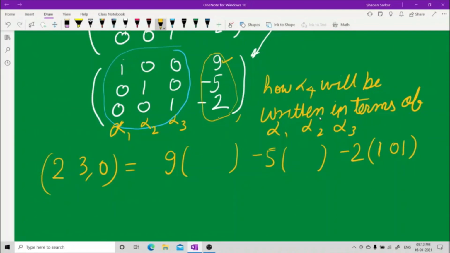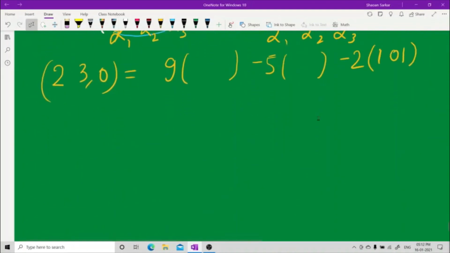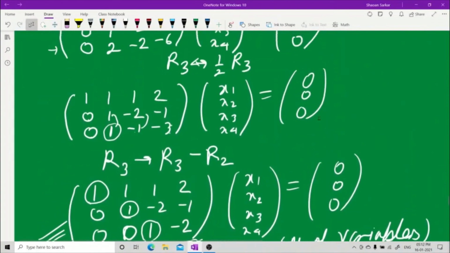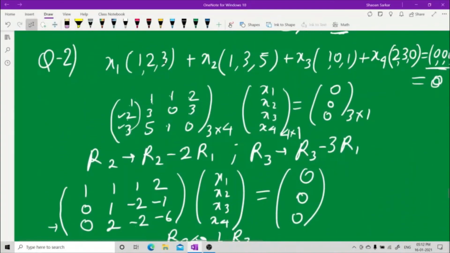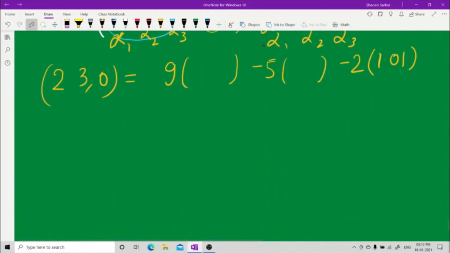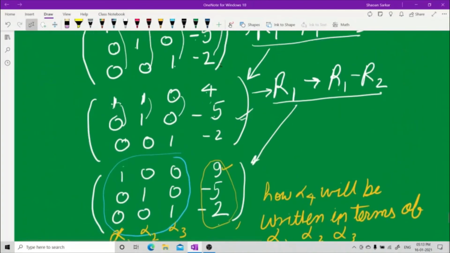Let me see alpha 1 and alpha 2. Alpha 1 and alpha 2 are 1, 2, 3 and 1, 3, 5. Let me check again.